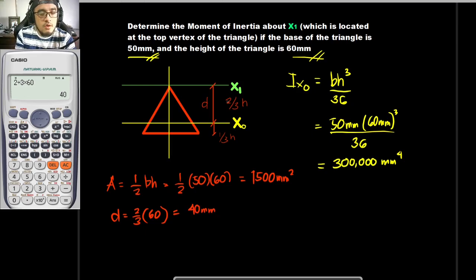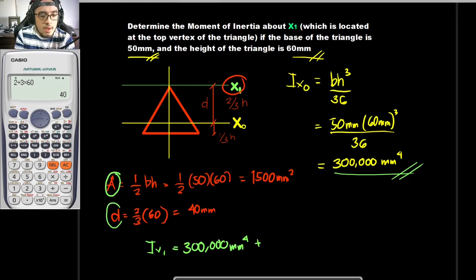To solve for the moment of inertia about this axis right here, substituting known values, Ix sub 1 is equal to Ix sub O, the centroidal moment of inertia, which is 300,000 mm raised to 4, plus AD squared, and our A and D respectively are 1,500 mm squared and 40 mm, quantity squared.